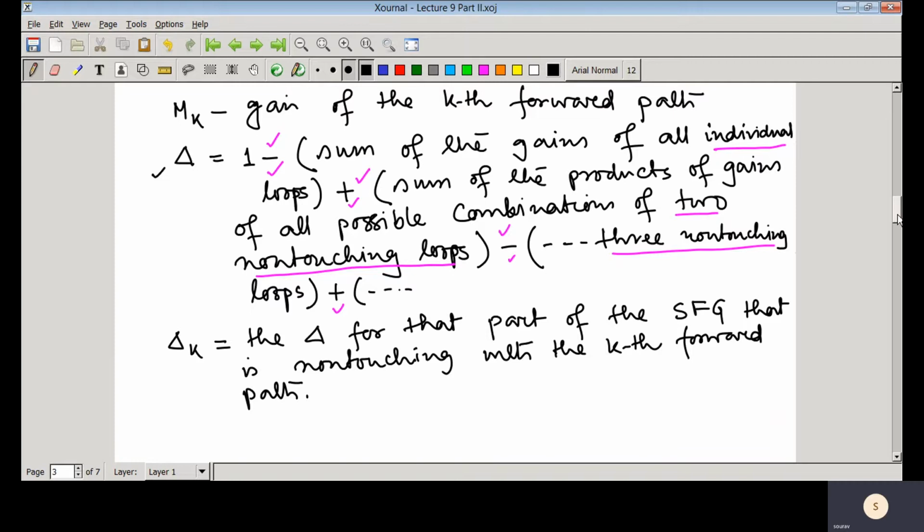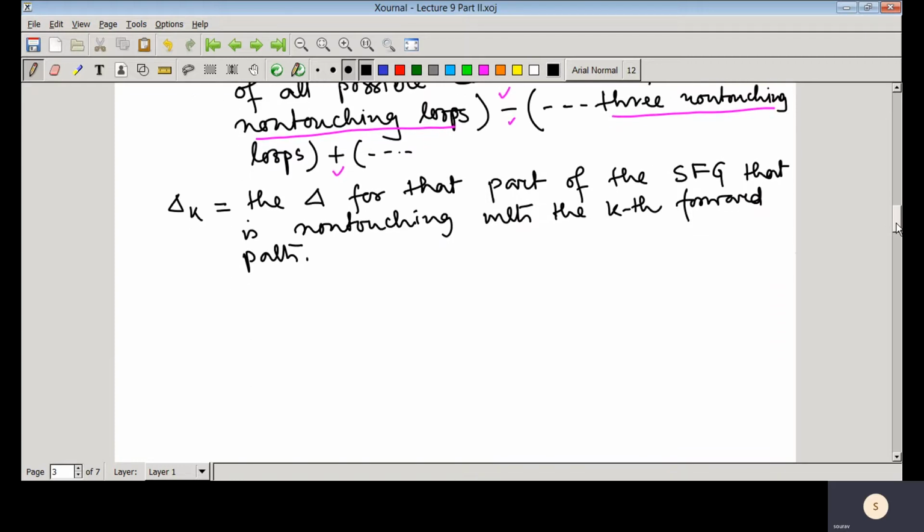So let us take one example first. First draw that signal flow graph. There are 7 nodes, that is y1, y2, y3, y4, y5, y6 and y7.